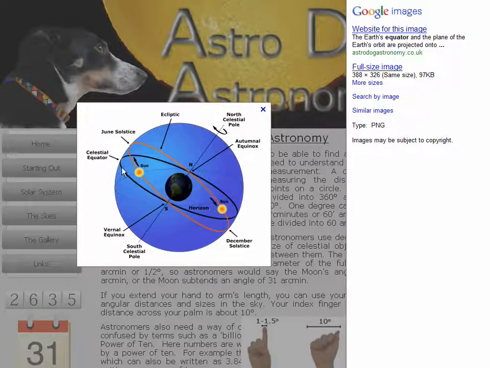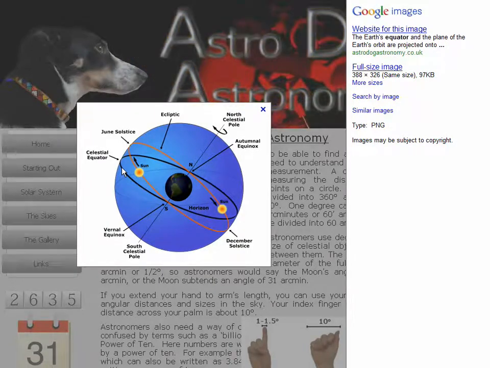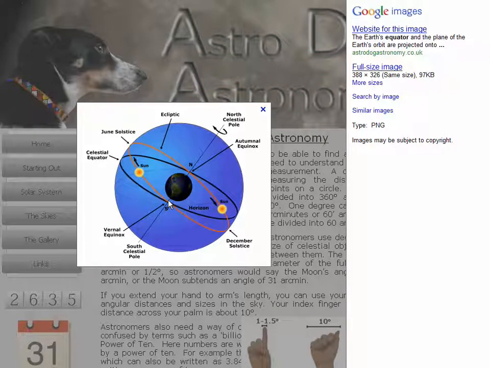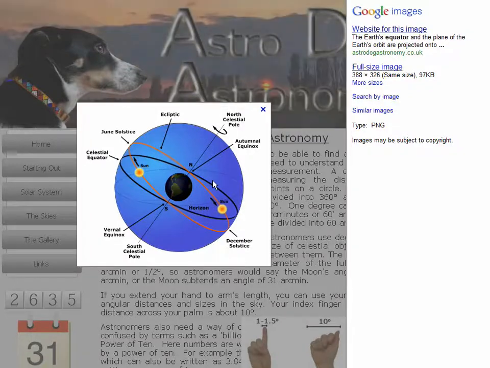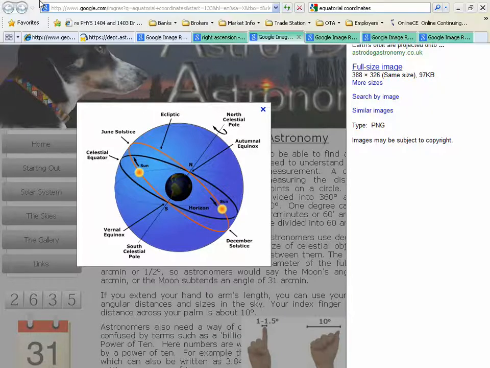The coordinate system has a celestial equator, which is just a projection of the Earth's equator onto the celestial sphere. It also has a north celestial pole and a south celestial pole, and it has a couple of other things that we will take a look at.